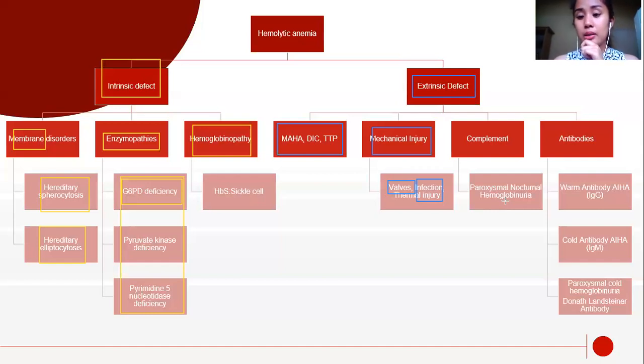So paroxysmal nocturnal, sa gabi, when the body tends to be more acidic, there is increased breakdown of your red blood cell. Kaya pag gising usually ng mga taong may PNH, nagigising sila, their urine has blood tinge, dark colored urine during the night. Yan, paroxysmal nocturnal hemoglobinuria.